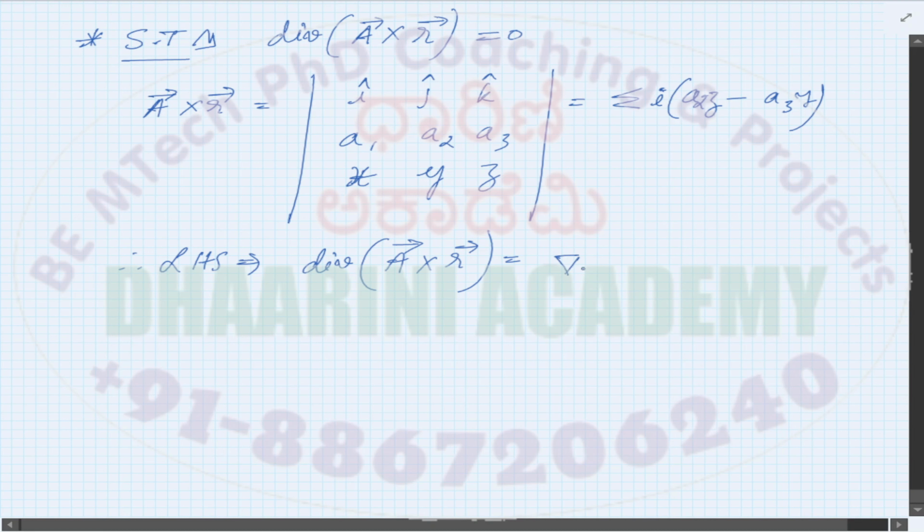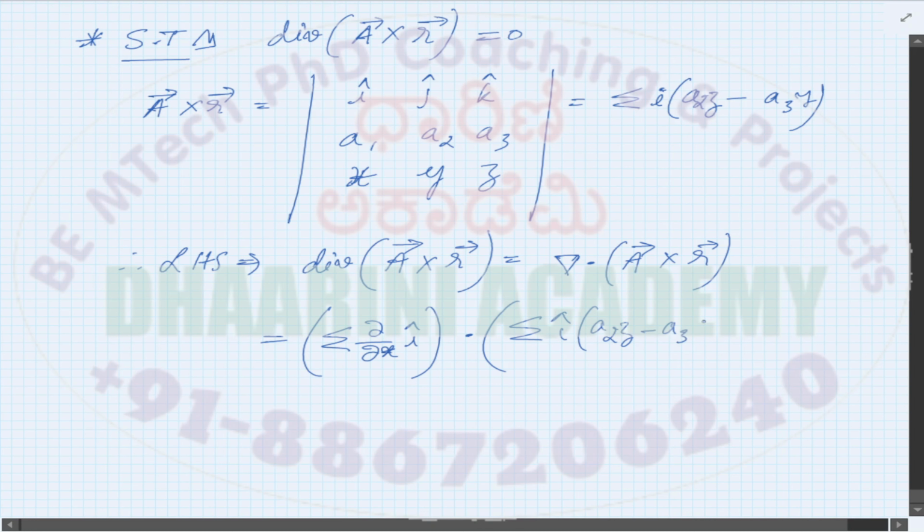So I am going to apply del dot vector A cross vector R. Del can be written as the summation dou by dou x into i cap, dotted with A cross R, which is once again summation i cap into a2z minus a3y.